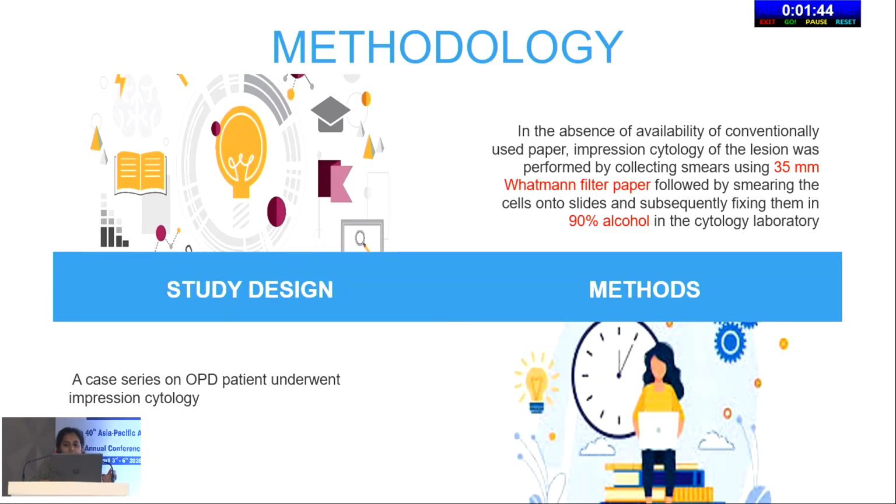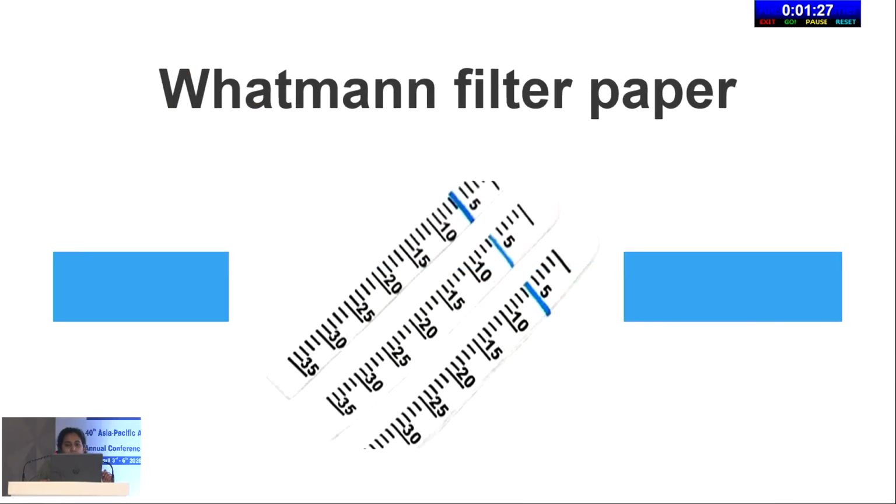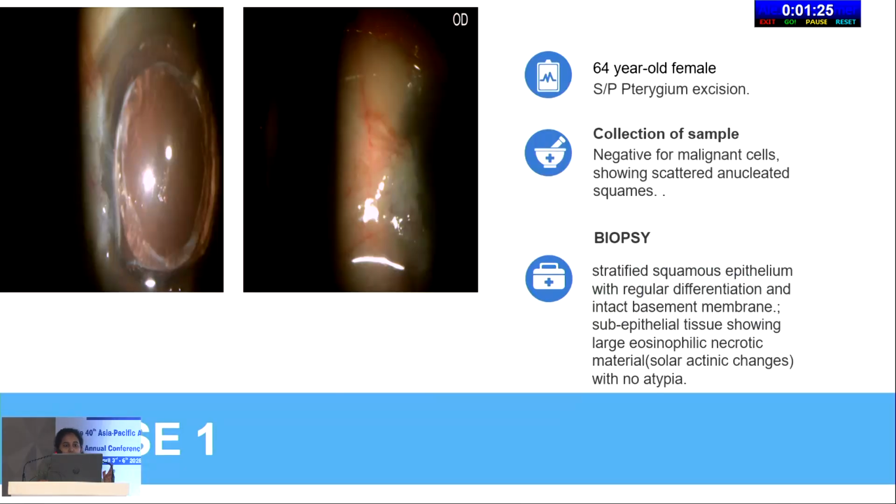We used Whatman filter paper number 41, as used for Schirmer's test. We took the impression on the filter paper and also made a smear on slides, and sent them to the laboratory, where they were fixed with 90% alcohol. We have done 15 to 20 cases, as we started only 5 to 6 months ago.